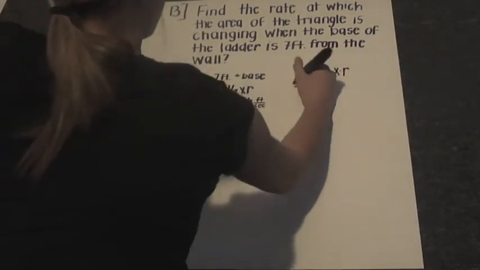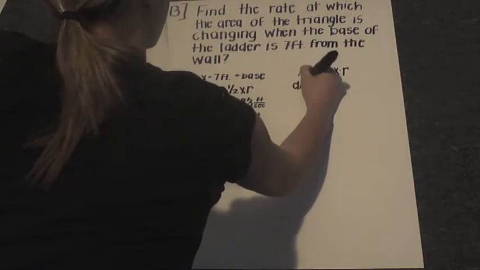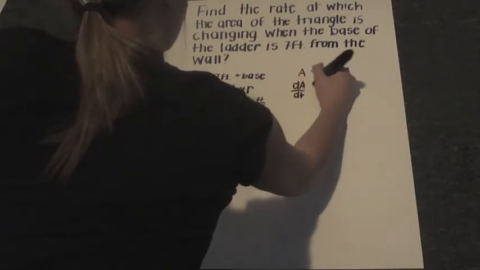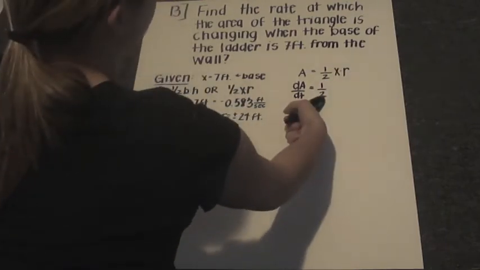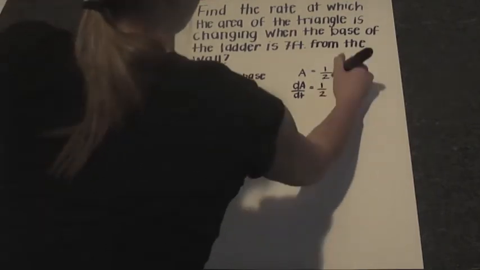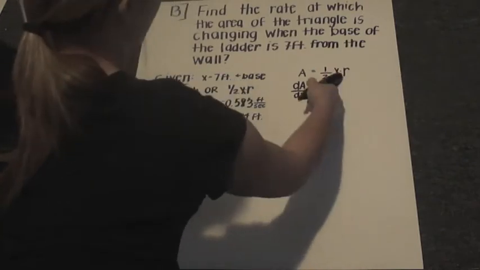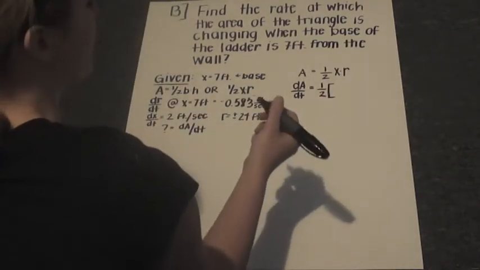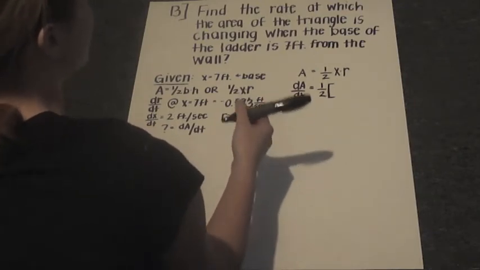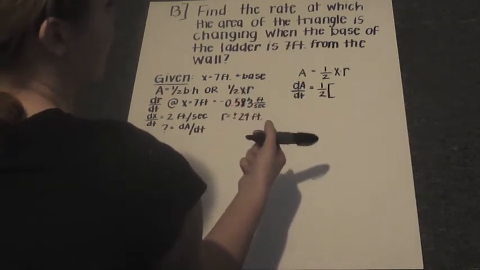So when we take the derivative, we get dA/dt is equal to 1/2. This is going to be a constant multiplier. It's just going to tag along as we do the derivative. And since we have x times r and it's just not plain old x, we know that we have to do the product rule. And the product rule is first d second plus second d first.